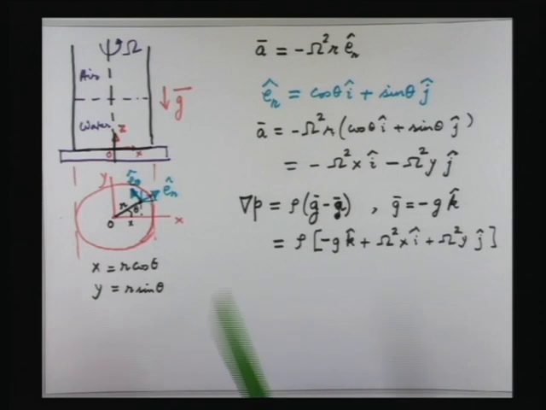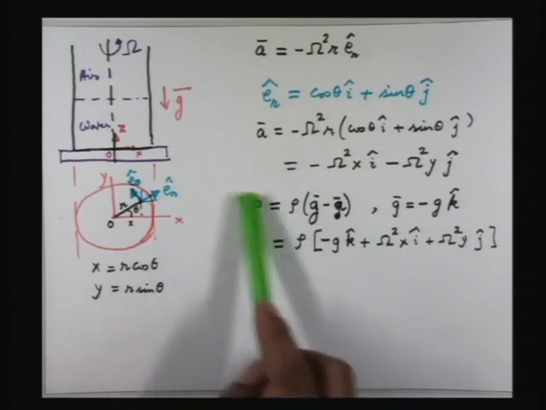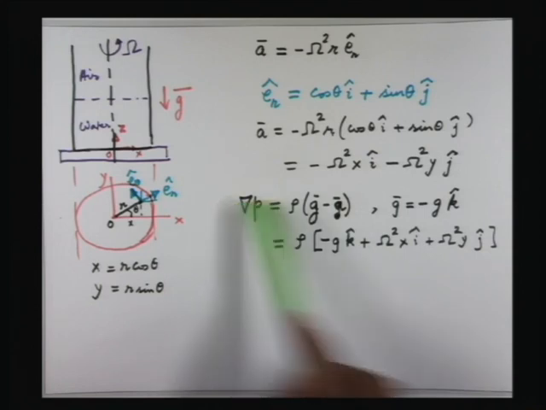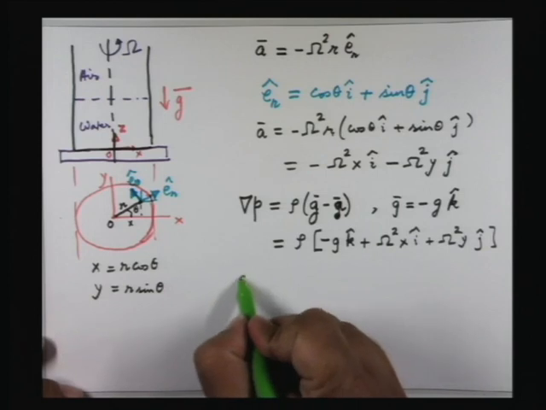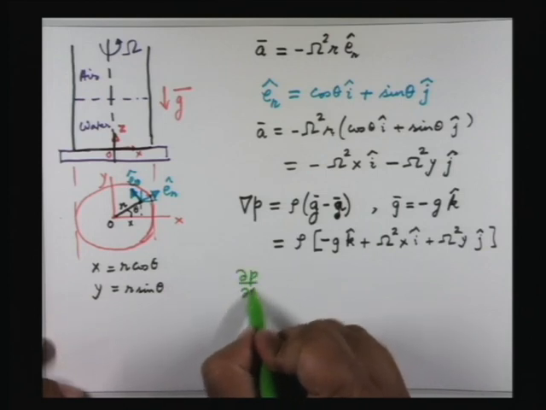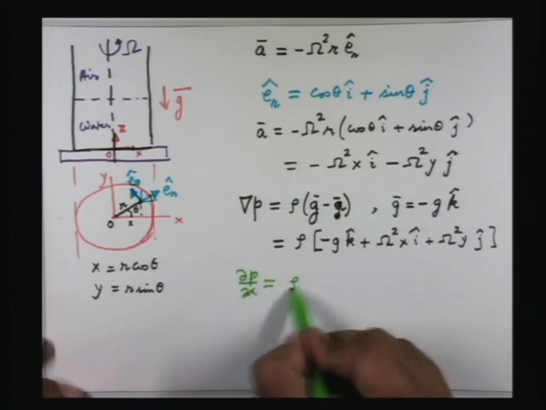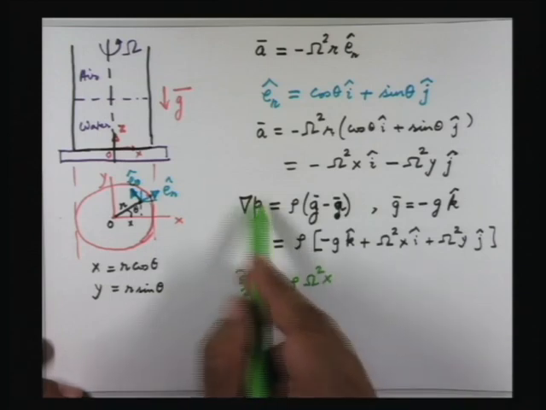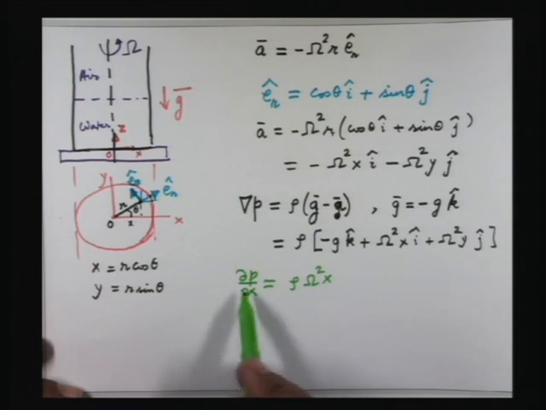So if we equate the left hand side of this, the i components, j components and k components with those here, we are going to have del p del x equal to rho omega squared x, because grad p x component is del p del x.